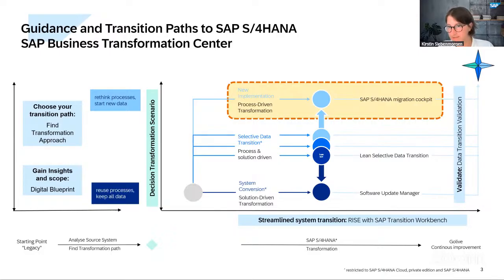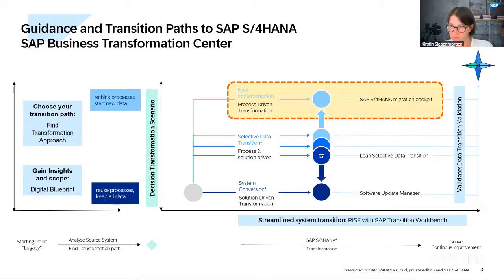And then we have the selective data transition. There, the data will be moved selectively from the source ERP system to the S/4HANA target system, including historical data. But the difference to the system conversion is that you can leave unnecessary or unused company codes behind.